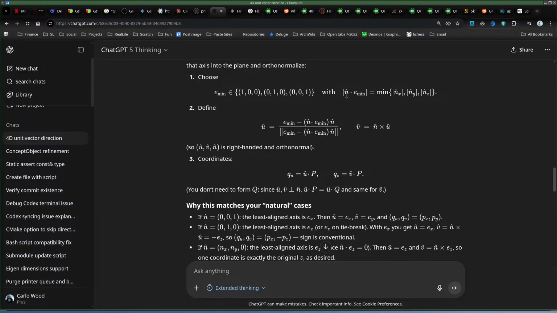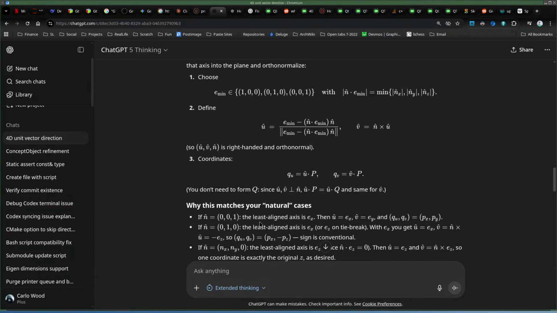The dot product between, let's call this EZ, and EX is 0, and the dot product with EY and EZ is 0. So you can pick either. Anyway, this is 0. Therefore, it's either that one or that one.